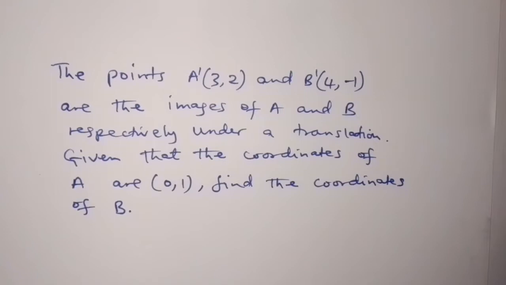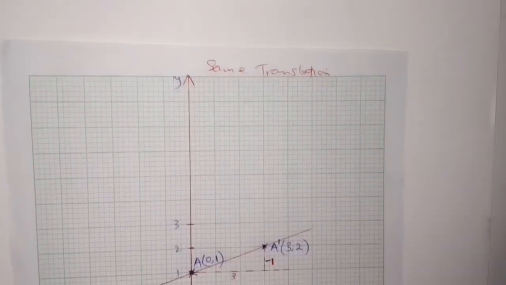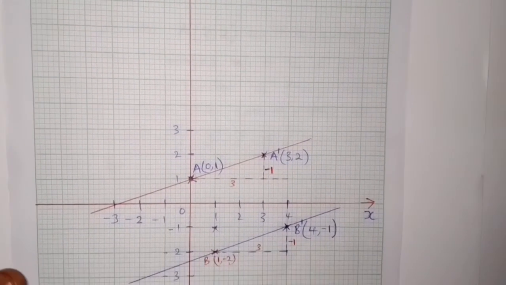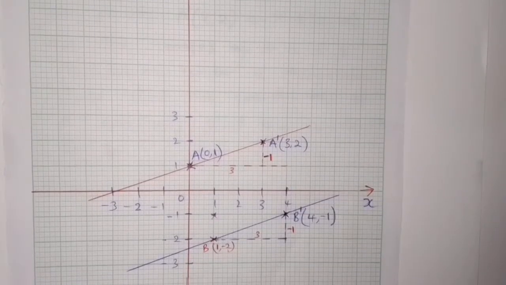Given that the coordinates of A are (0, 1), find the coordinates of B. We can draw a sketch to guide us. This is our sketch.